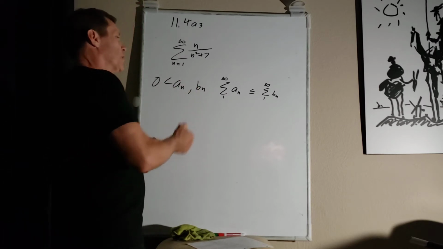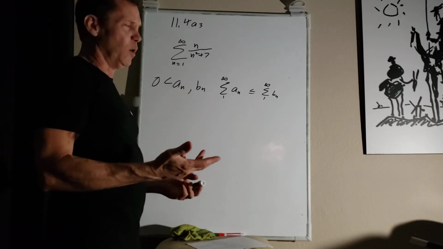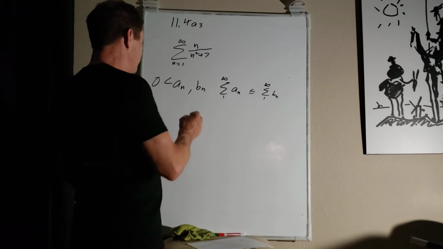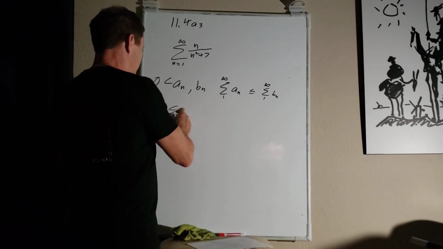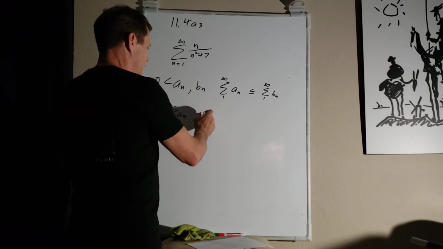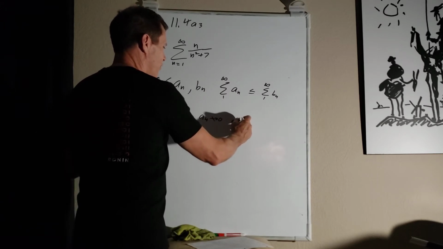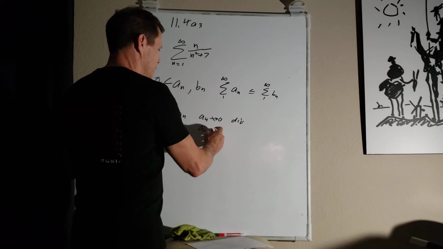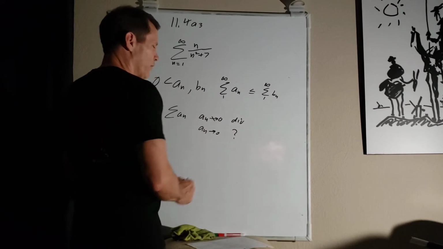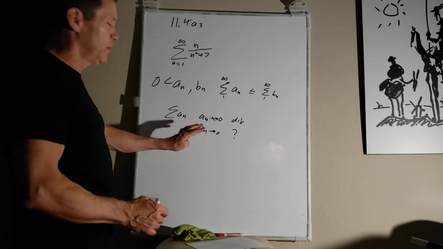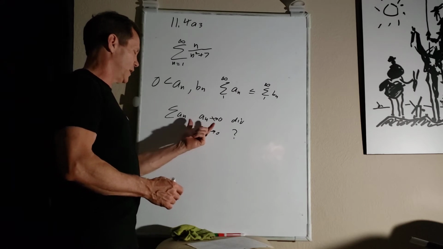Now I have to compare it to something. How many things do we know? First thing you know is if the an's do not go to 0, the series diverges. If the an's go to 0, you don't know if it converges or diverges. That's called a limit test, I think.